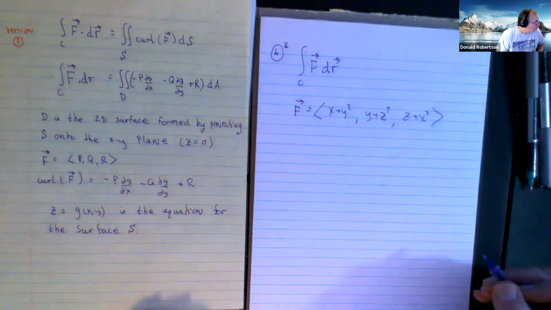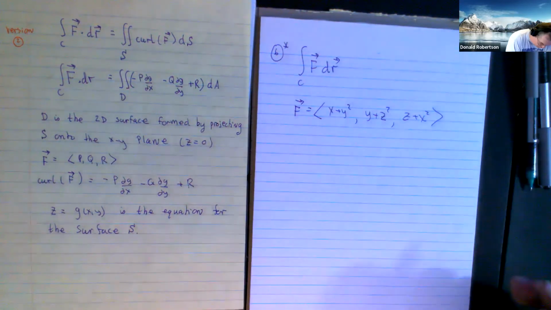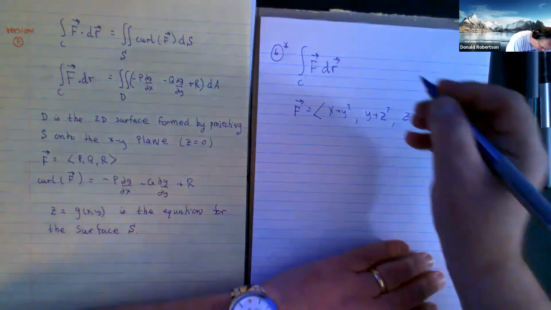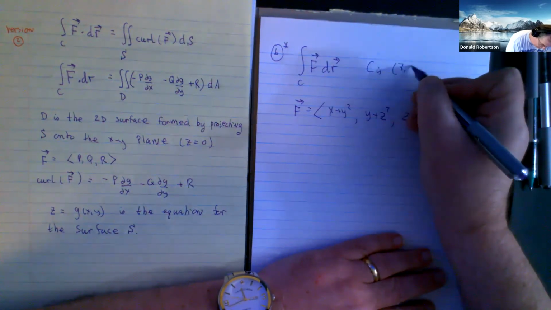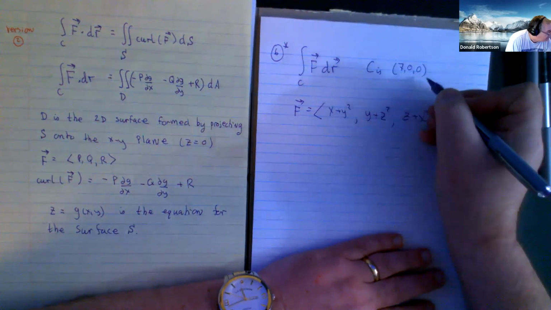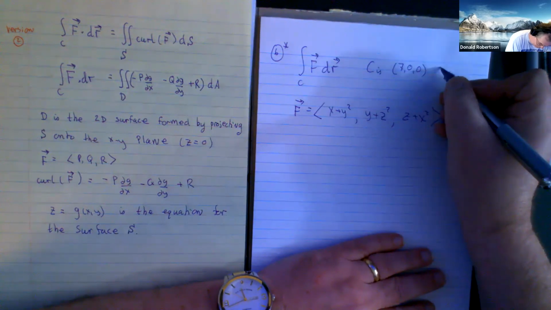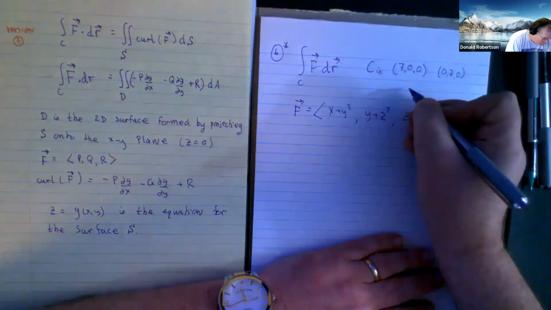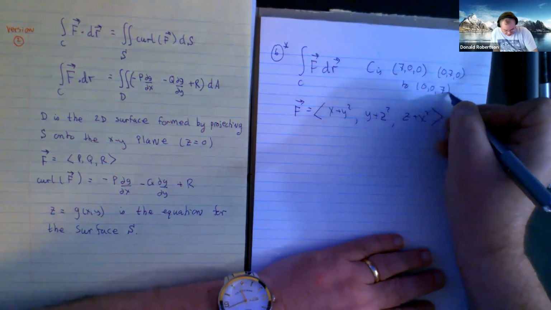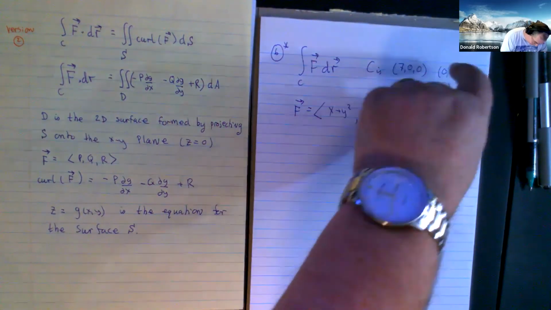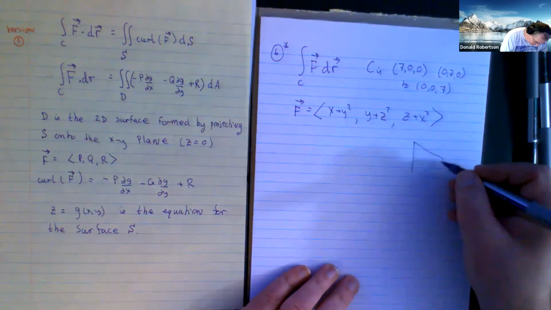And we're told, what else are we told? Oh, we're told that C is a triangle and it's formed by the points 7, 0, 0 to 0, 7, 0 to the point 0, 0, 7. Now these are three-dimensional triangles. So you can imagine the triangle might look like that in 3D.